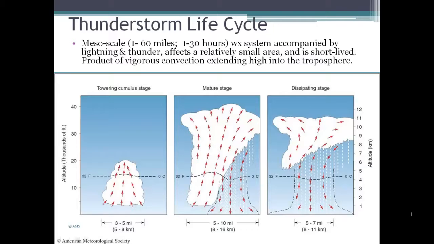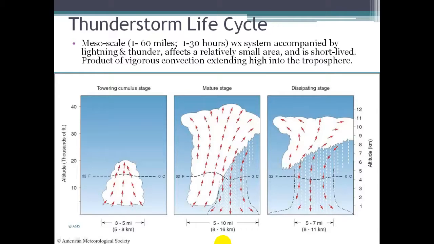This is where cumulus clouds are encouraged by convection to continue growing, and they get to a stage that we recognize as towering cumulus, and we'll look at the details of that in just a moment. If the towering cumulus continues to grow, it produces a thunderstorm cloud, and at its mature stage, that thunderstorm cloud is denoted by updrafts and downdrafts and precipitation, lightning, thunder, possibly tornadoes.